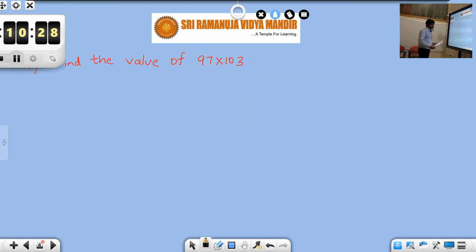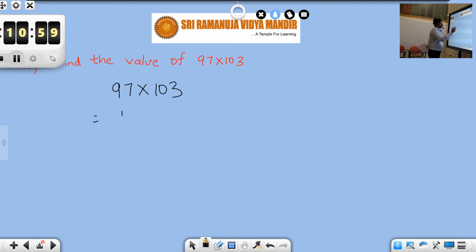Let's look at another question. Find the value of 97 into 103. Students, again here, we have discussed one method called the squares method for multiplication. See, 97 is odd, 103 is odd. Whenever we are multiplying two odd numbers or two even numbers, one of the easiest methods is the squares method, which I have told you.